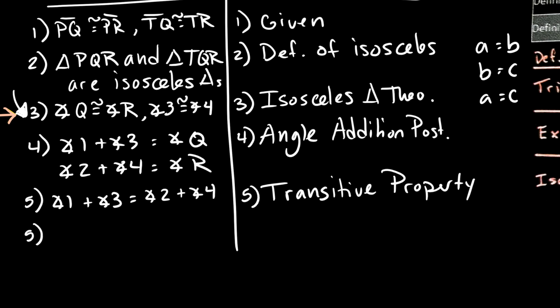What can I substitute in for what? Because I know 3 and 4 are the exact same thing. So if I take this equation and I substitute blank in for blank.